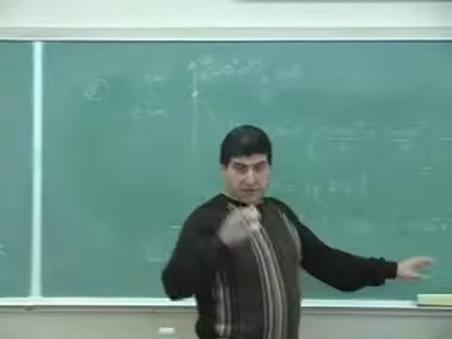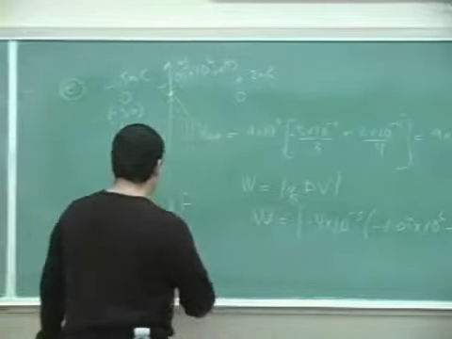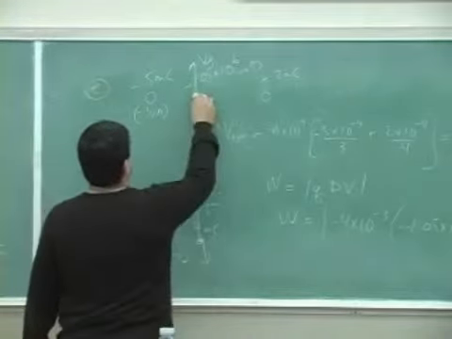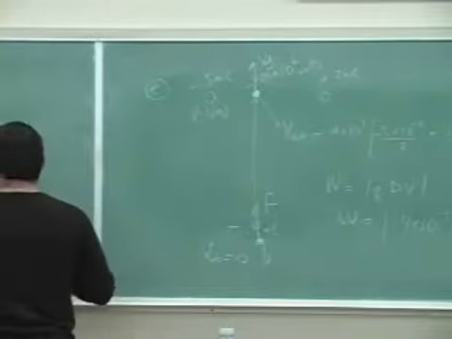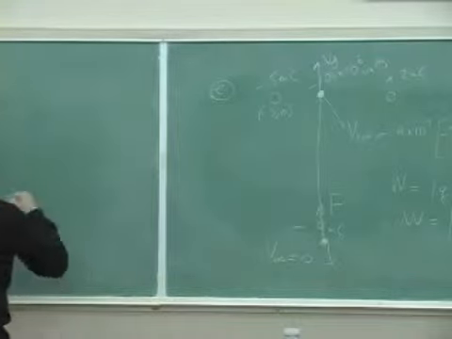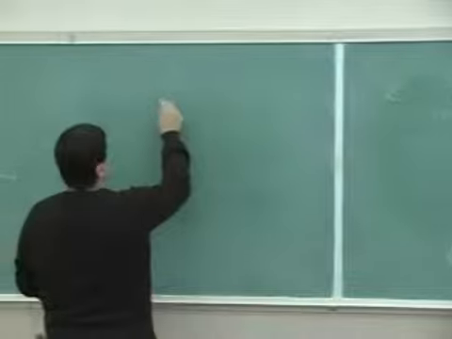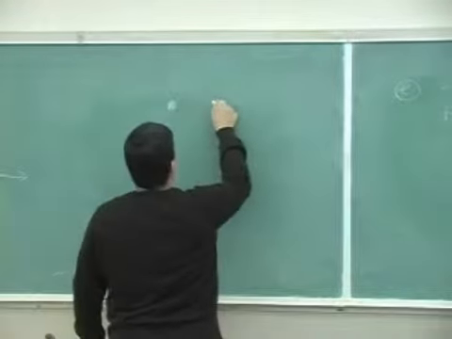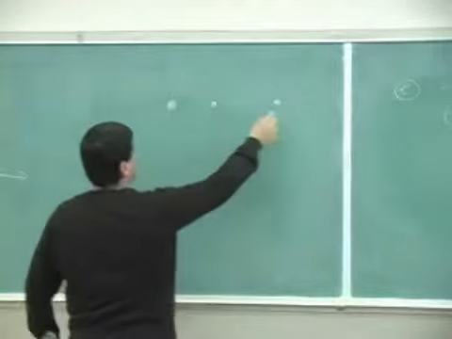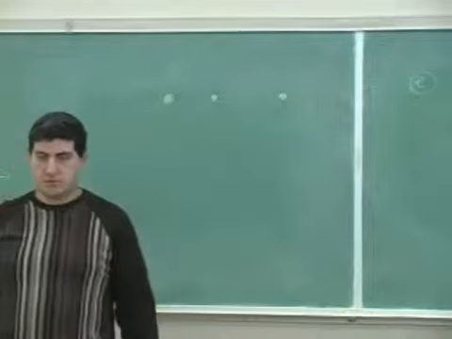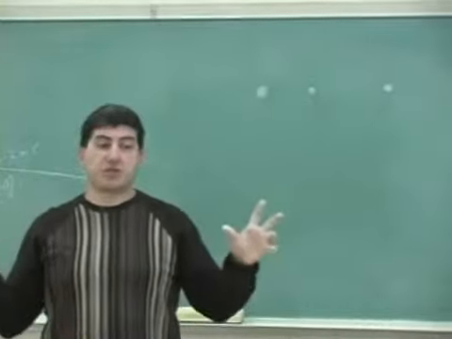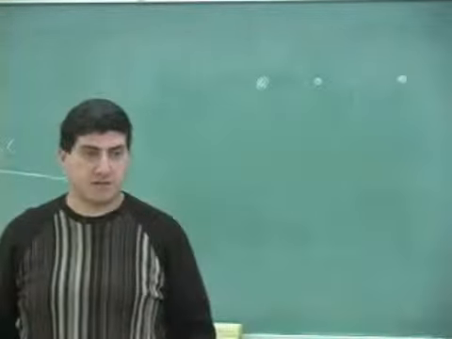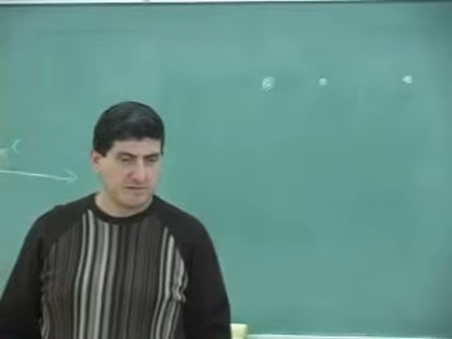The other way of thinking of this problem is this. Think about this charge as already present there. This is a different approach to it. Think about this three-charge system and ask yourself, what is the potential energy of this three-charge system? You see?